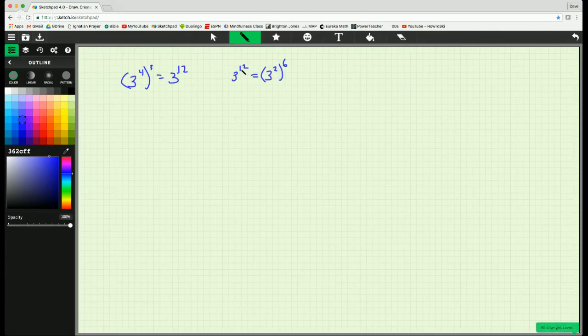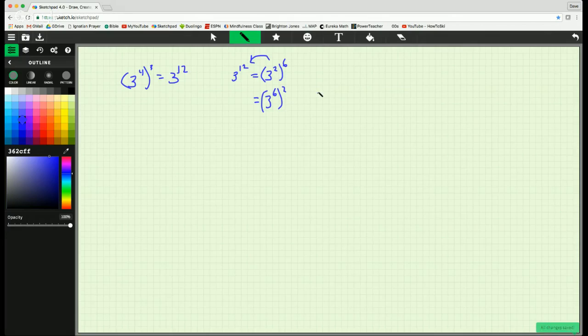Because if I break 12 down, I know that it's 2 times 6. See how I went the other direction? But you could also say that 3 to the 12th, see if you can figure out some other combinations, is also equal to 3 to the 6th squared.